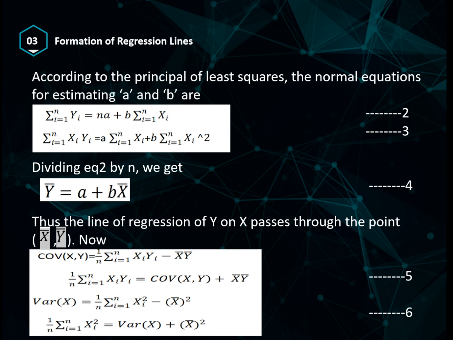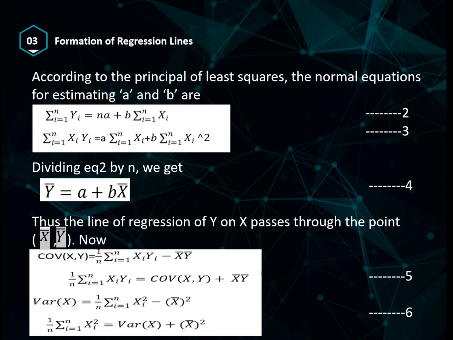So in place of 1/n summation yi, we can write y bar, and in place of 1/n summation xi, we can write x bar. After substituting this in equation 2 and dividing by n, we get y bar = a + b x bar. Let us consider this as equation 4. Thus, the line of regression of y on x passes through the point (x bar, y bar).